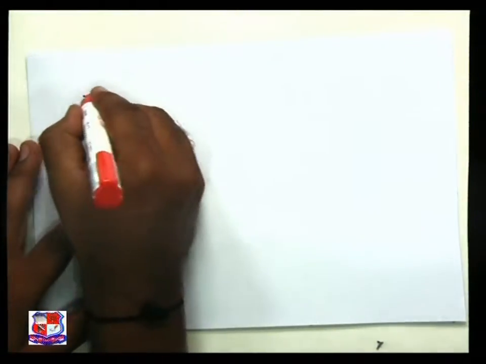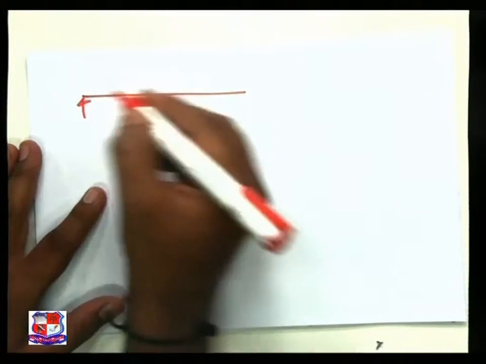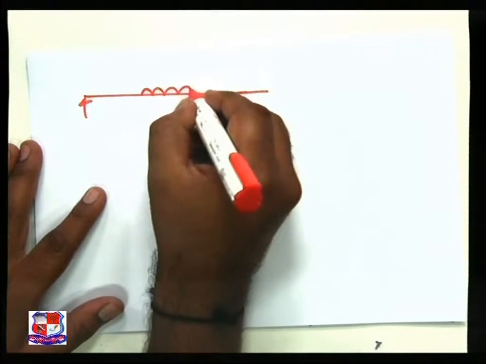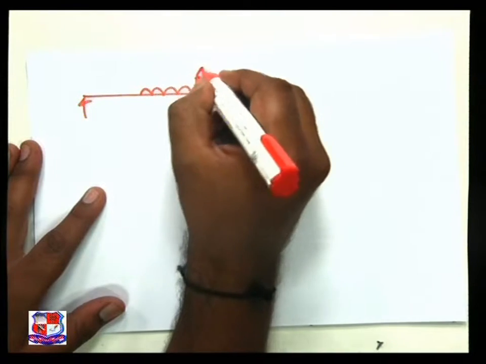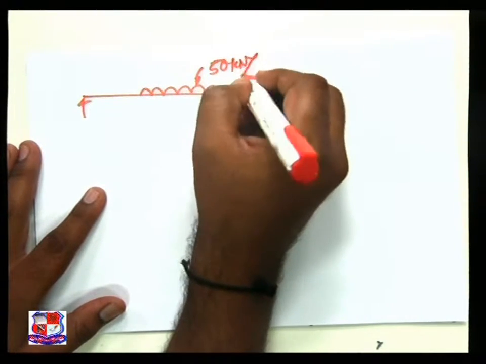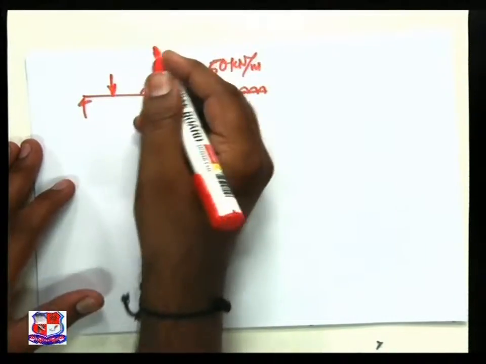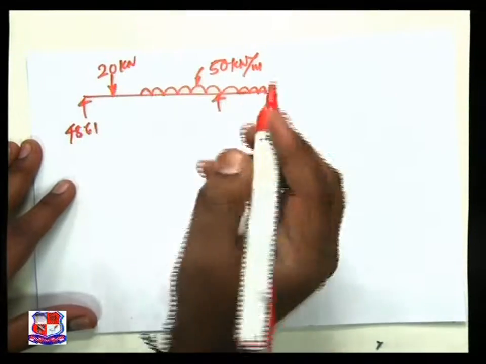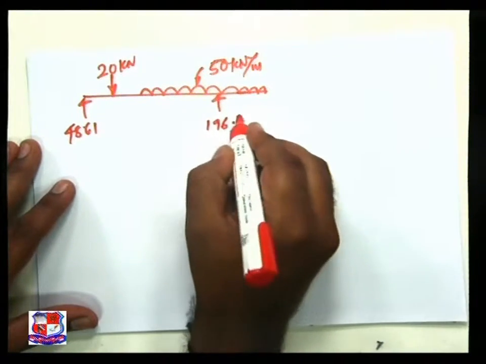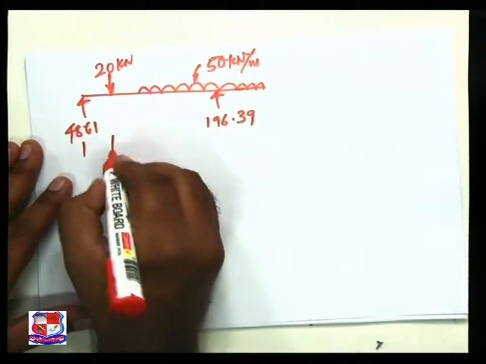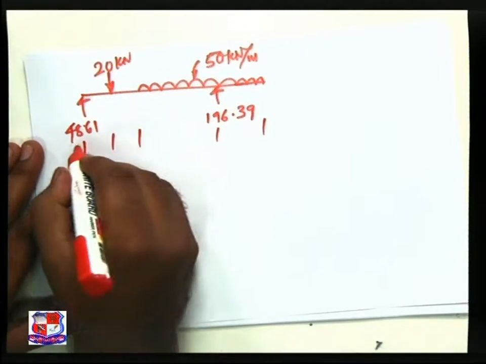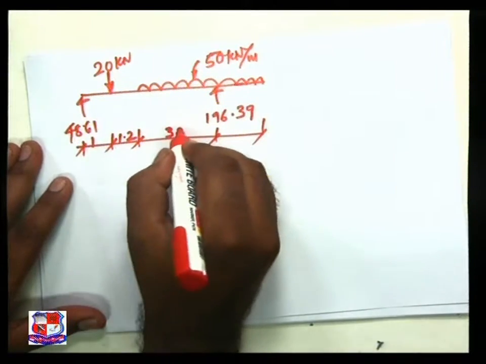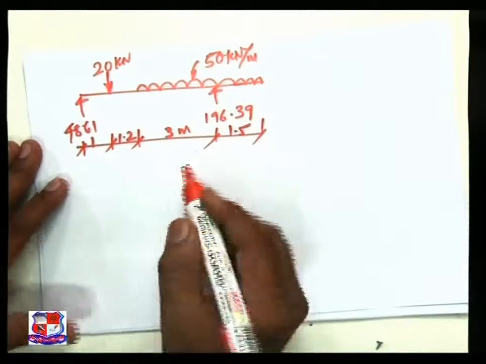Given beam, overhanging, point load of 20 kilonewton, distances are of 1 meter, 1.2 meter, 3 meter, 1.5 meter.